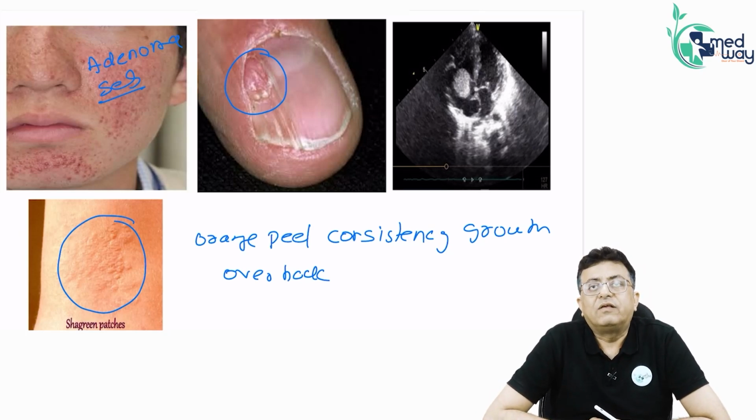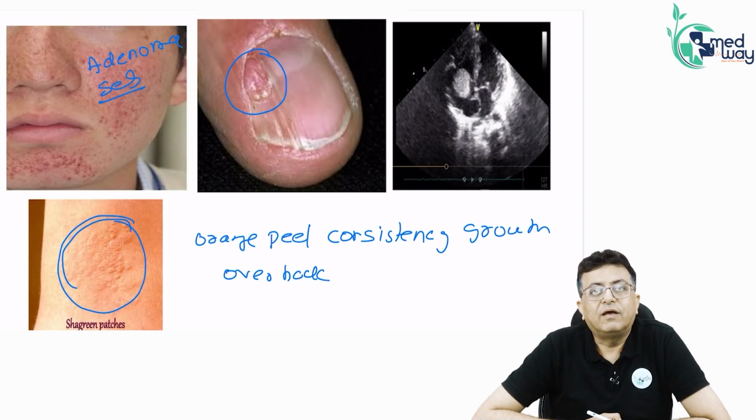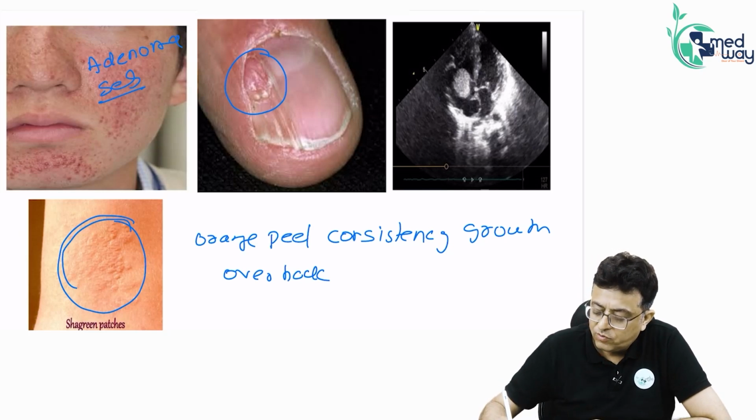Orange peel consistency growth over back, shagreen patch. And picture of echo. You are seeing here an echogenic mass. This is rhabdomyoma.